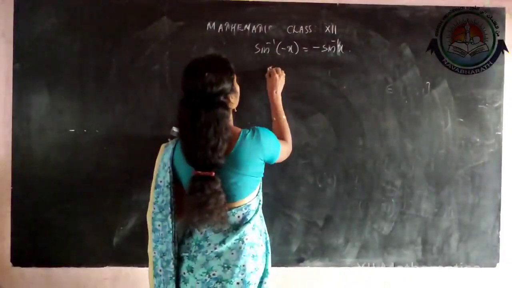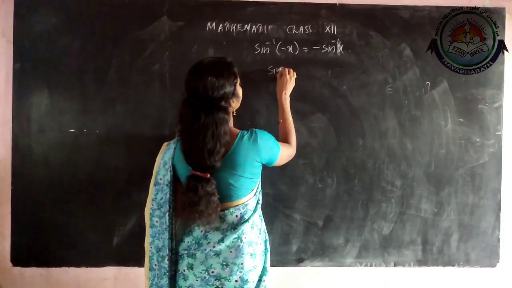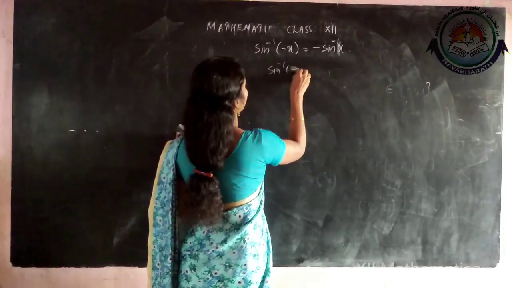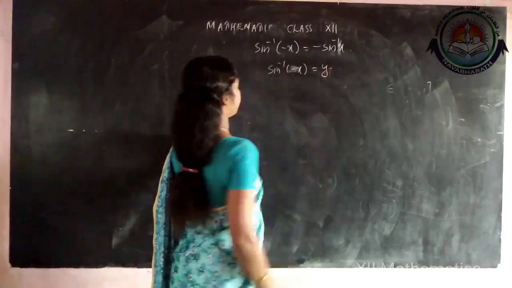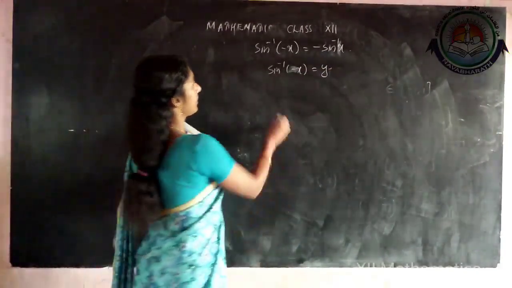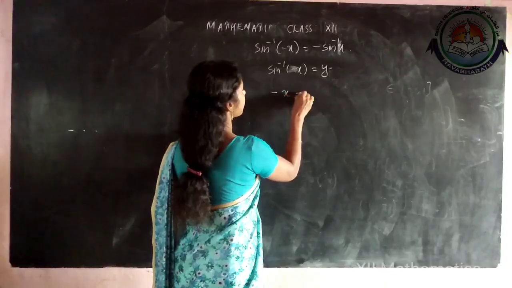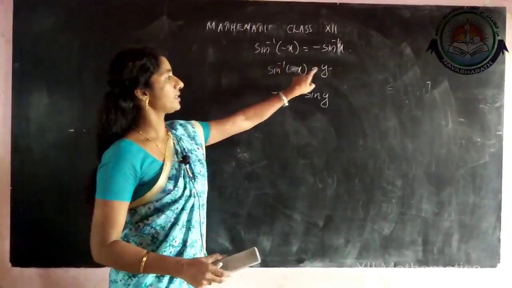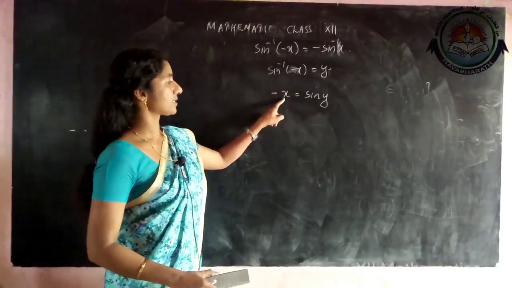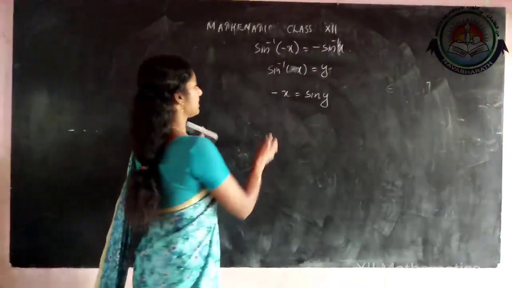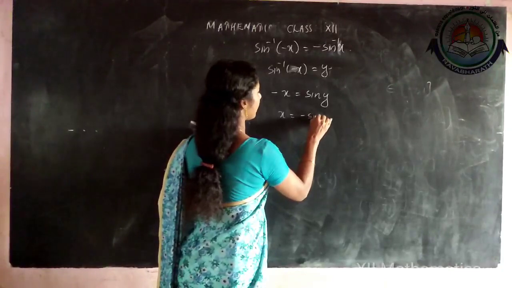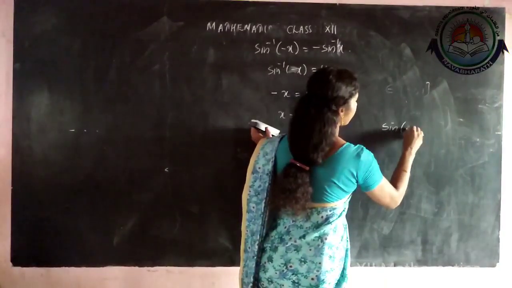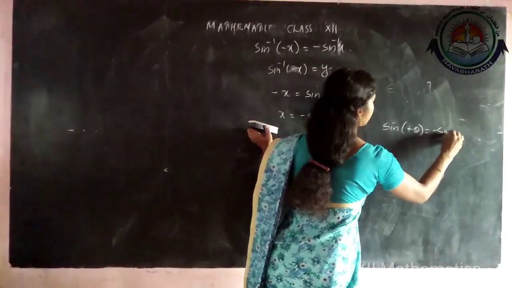So, we can start. Sine inverse of minus x, we can give it as y. So, minus x is equal to sine y. So, x is equal to minus sine y, and we know sine of minus theta is equal to minus sine theta.